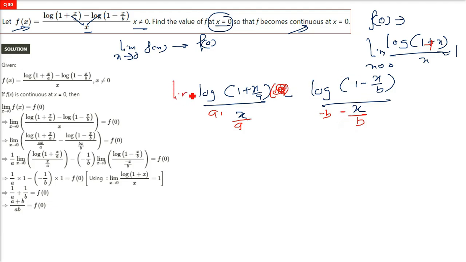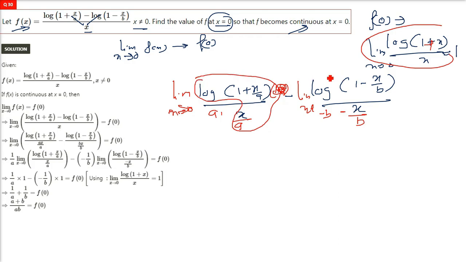So now let us apply the limit, x tends to 0. Now just keep this in mind. So log(1 plus x by a) divided by x by a is going to be 1. Log(1 minus x by b) divided by minus x by b is again going to be 1. So what do you get? 1 by a here and minus 1 by minus b.